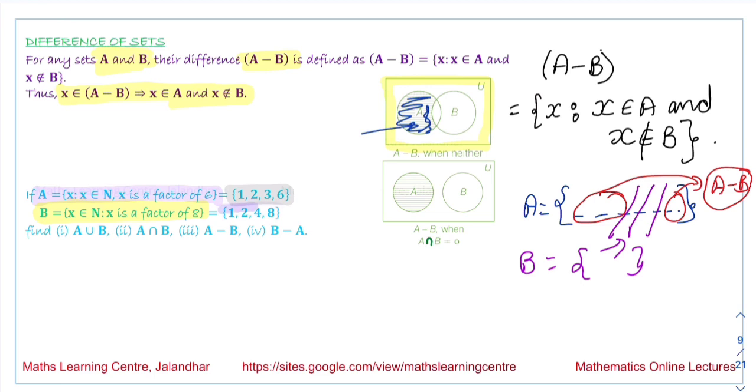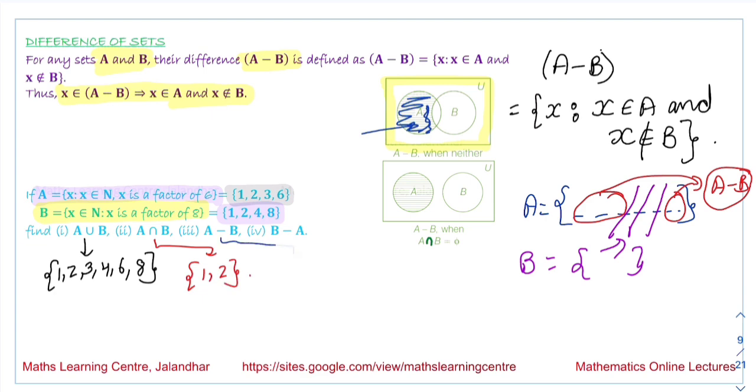And 1, 2, 4, 8 are the natural numbers which are factors of 8. A union B is the set 1, 2, 3, 4, 6, 8. A intersection B is the set 1, 2. These are the common elements that we have.